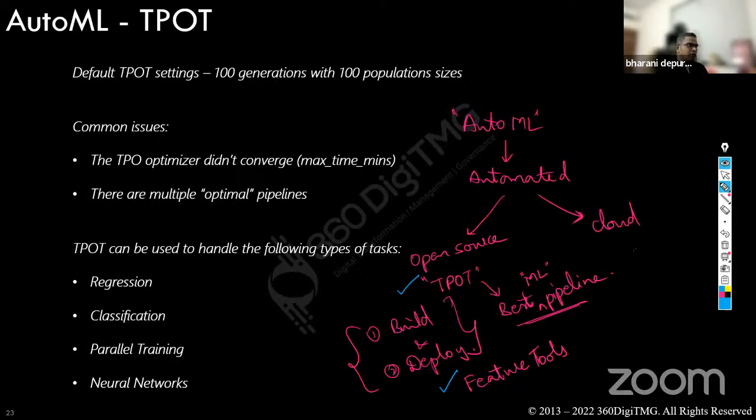Post that, we shall get into cloud and look at the AutoML capabilities. With respect to Amazon, we have something called Amazon SageMaker Autopilot. We'll look at Microsoft Azure Machine Learning Studio, and then we shall also look at Google Cloud Platform AutoML.